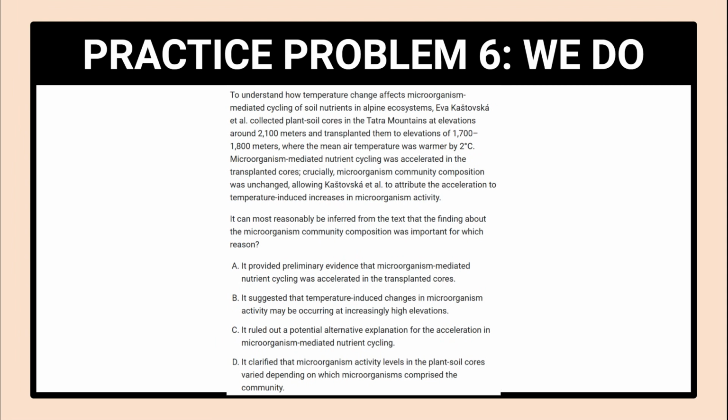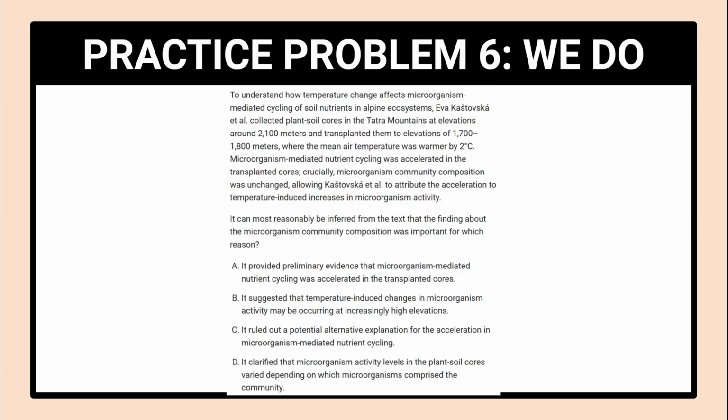Based on the observations, they found that the microorganism mediated nutrient cycling was faster in the transplanted cores, and that, quote, crucially, microorganism community composition was unchanged. And that meant that the team was allowed to attribute the acceleration to changes in the microorganism activity brought about by the change in temperature.